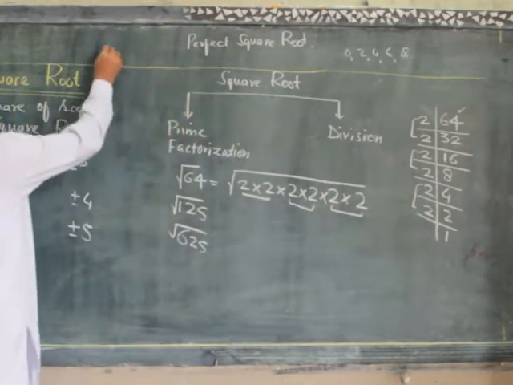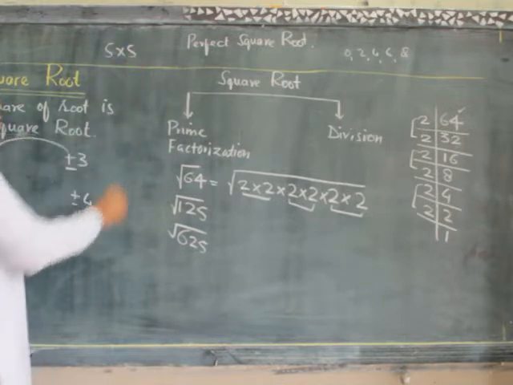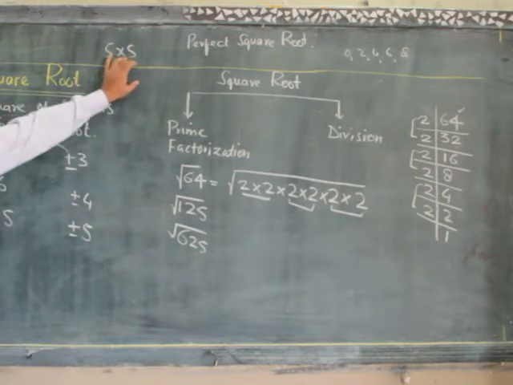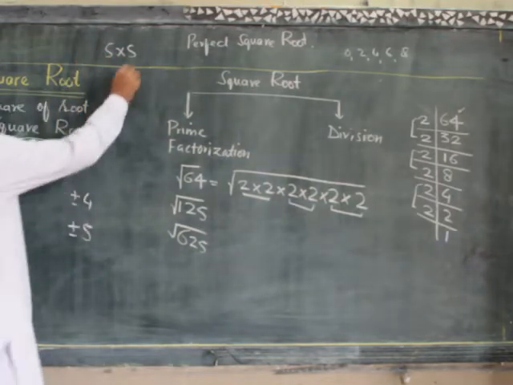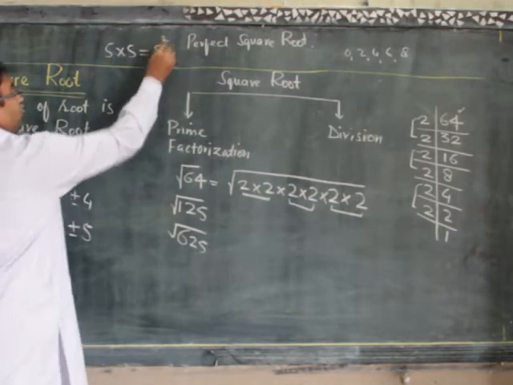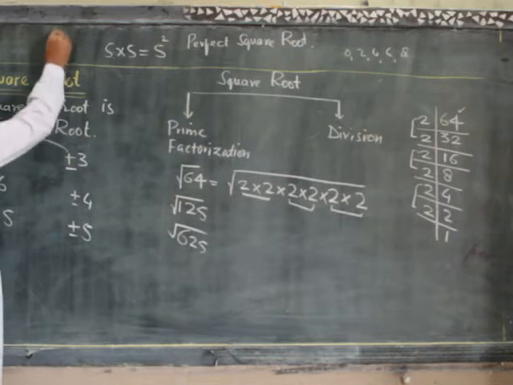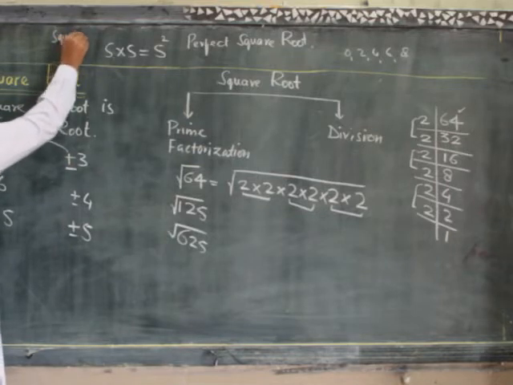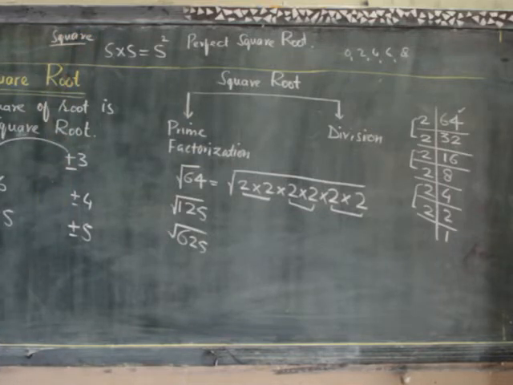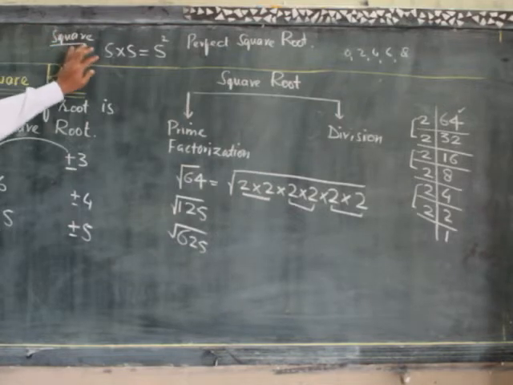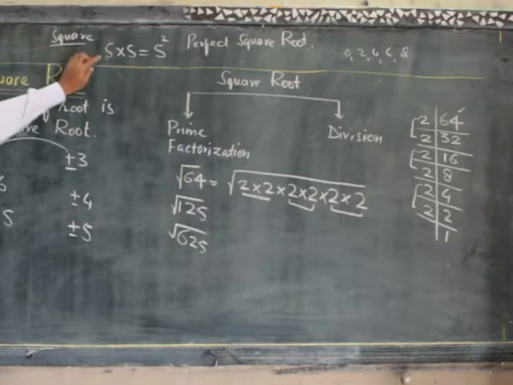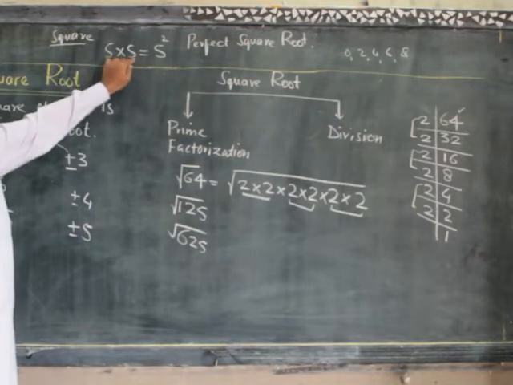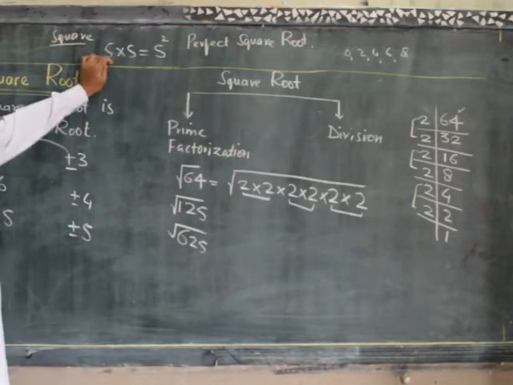As we know that 5 into 5, this is the twice product or product of identical numbers, that is equal to 5 square. What is square? The number which is the product of two identical numbers. That is, the number which is the product of two identical numbers is called square.